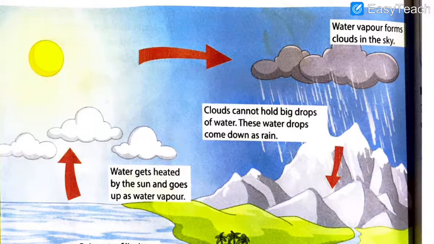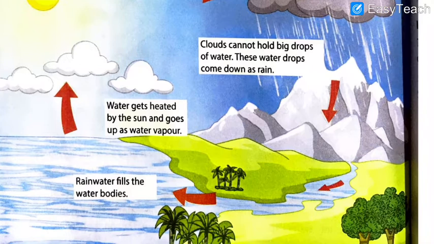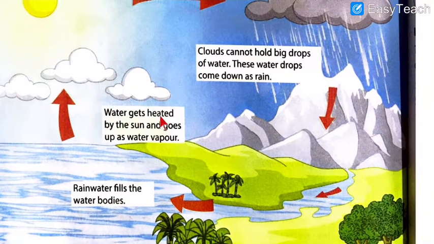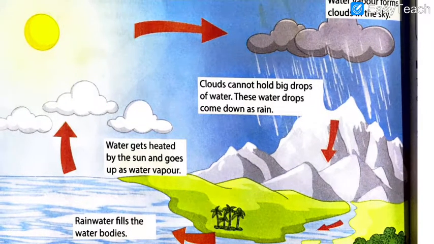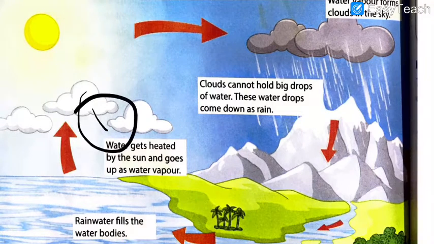So in places that are very cold, the water drops freeze into ice and come down as snow. So if the water is gathered, obviously the water is going to come in return to the earth, but in the cold places it turns into snow when it is up in the sky with the dust particles. So the snowfall happens.